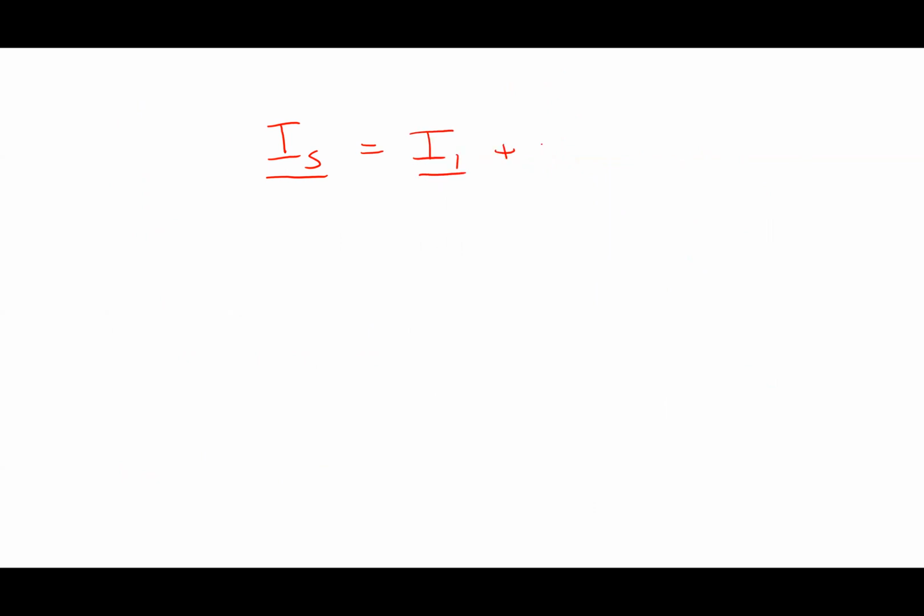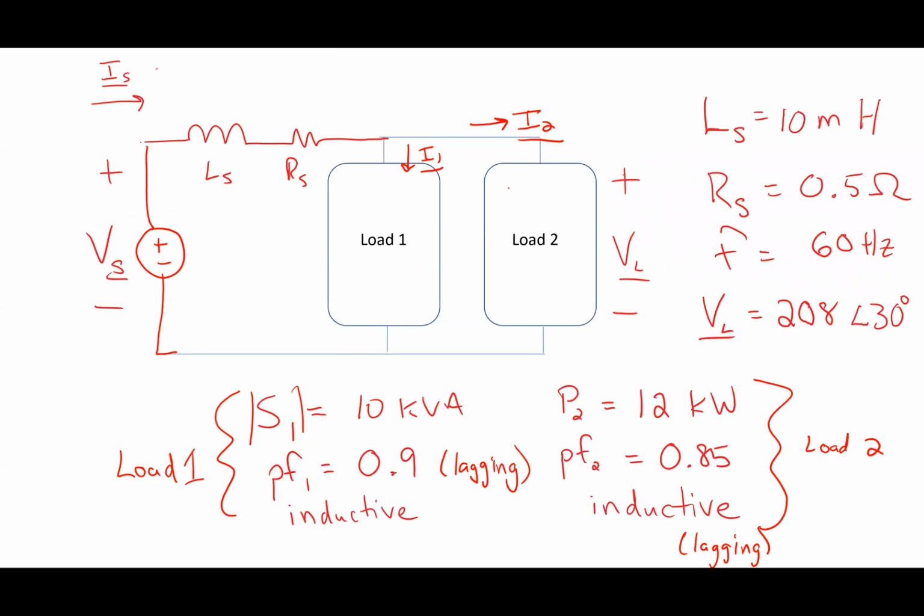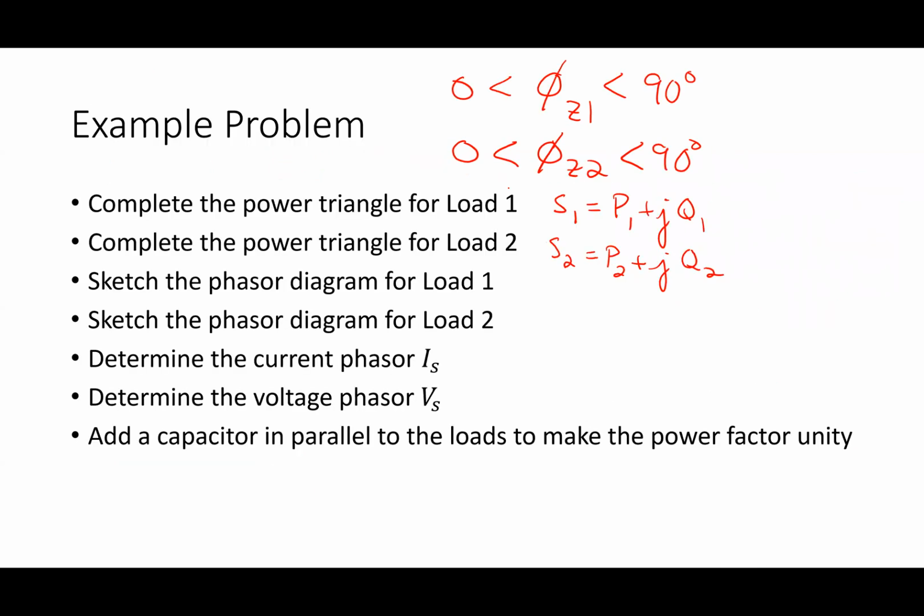I1 plus I2, like that. Okay. How do I get VS in this circuit? Yep, KVL, right? I said I only know three things. We just did all three of them now. This is the third one, KVL.